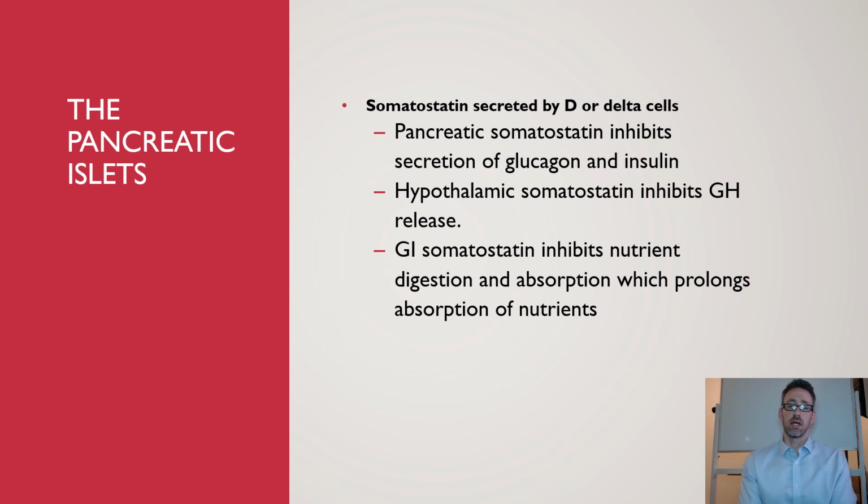Here, though, the pancreatic somatostatin seems to have maybe a paracrine effect where it's affecting the local cells there in the islets to modulate the release of glucagon and insulin, because it can actually inhibit the release of both insulin and glucagon. And so there seems to be a modulatory role, which is not entirely clear exactly how that's done.